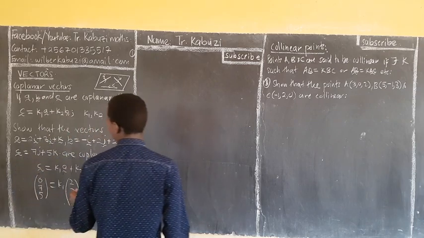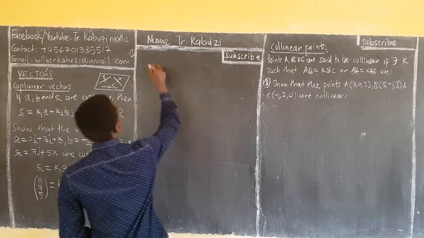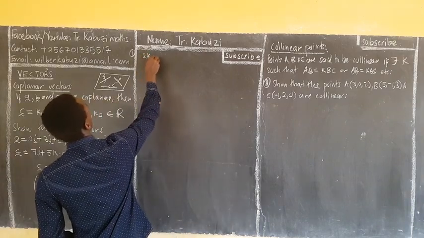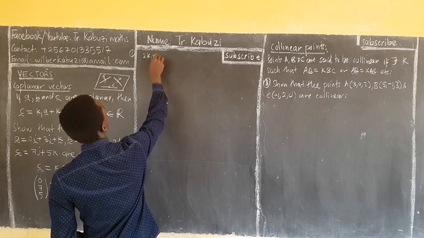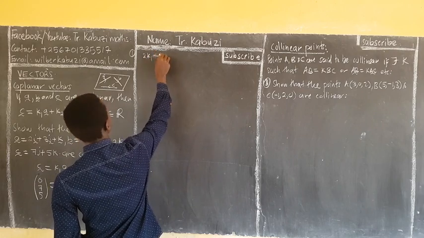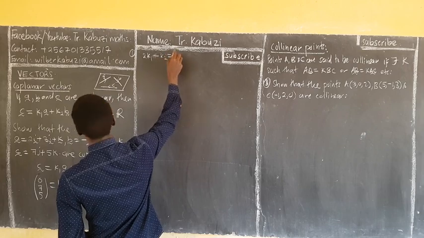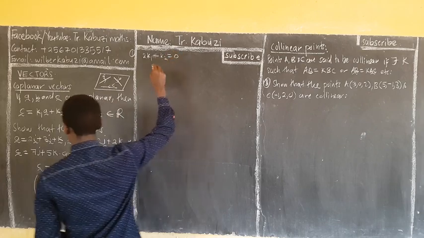From here, 2K1 minus K2 is equal to 2, and 0.